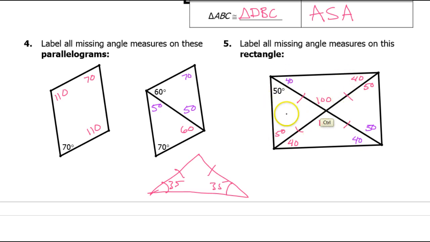Now, I could either jump over here and say these two 50s make 100, so this has to be 80. Or I could have used the fact that this was a linear pair, and said, well, if this is 100, then this is 80. So many ways to think about it. These are vertical angles, so these are 80. Either way, we found all the missing angles.